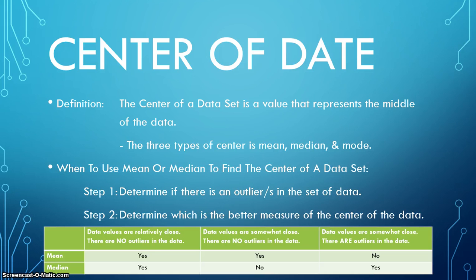Step 2, determine which is the better measure of the center of data, and we're going to use this table right over here to determine that. Typically, if it has an outlier, median's the best. If not, usually mean, but there's a possibility where both can be a better measurement. So you have to look over the data.